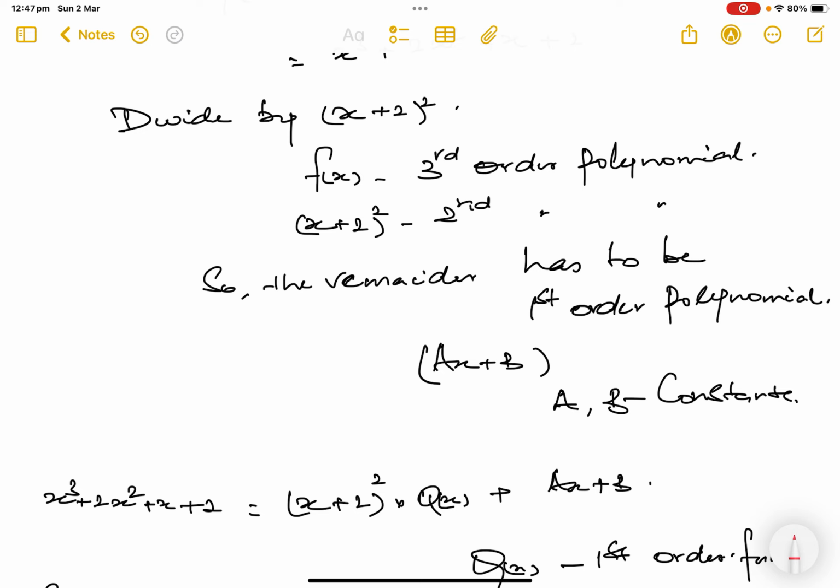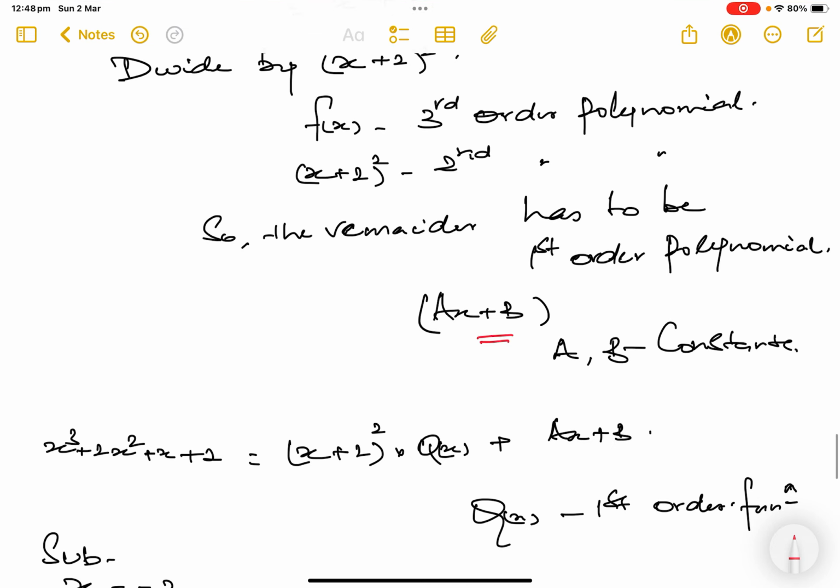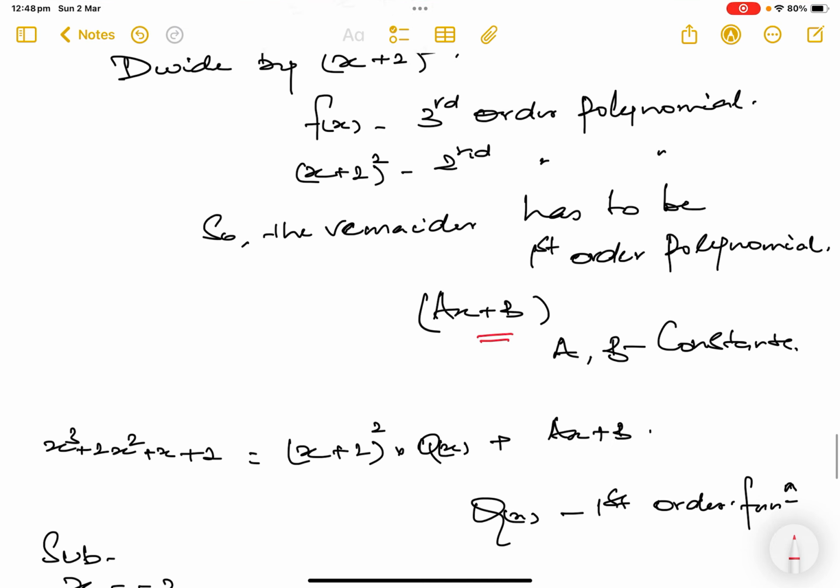We don't need to worry about the actual quotient, all we are interested in is the remainder. The remainder must be first order, because when a third order is divided by a second order, the remainder has to be first order. So the standard format is ax plus b, where a and b are constants which we need to find. If we find a and b, then the job is done.